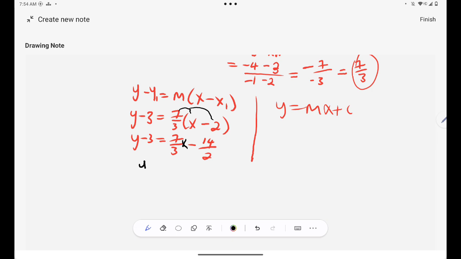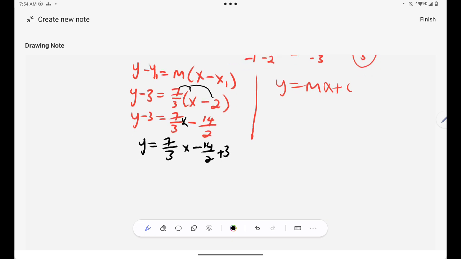And then I will have y is equal to 7 over 3x minus 14 over 3 plus 3.